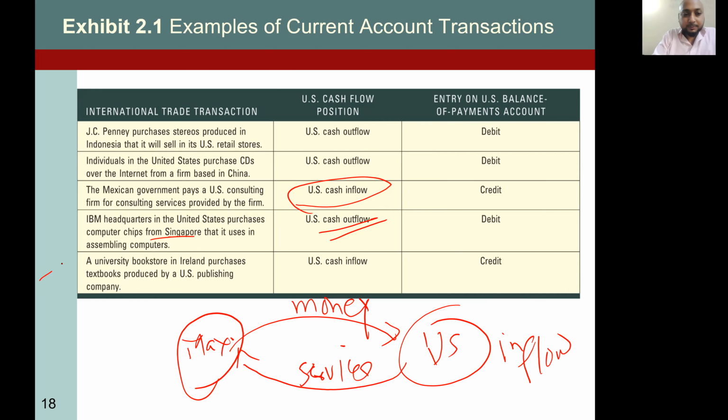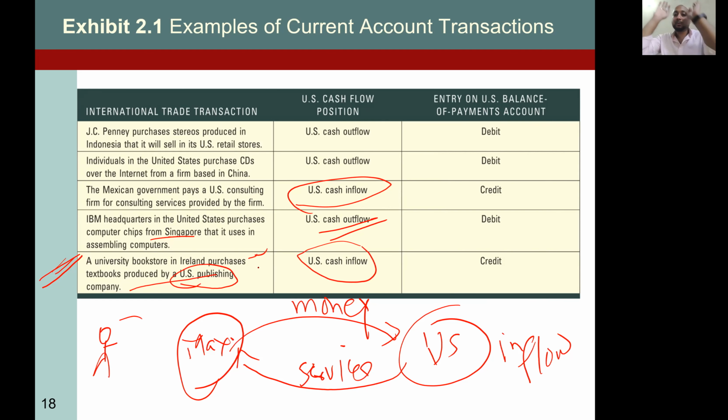So I'm going to read a little bit faster. A university bookstore in Ireland purchases textbooks produced by a US publishing company. So US publishing company, you are in US. So that's a more tricky one. You are in US, and from you, a university bookstore in Ireland purchases.